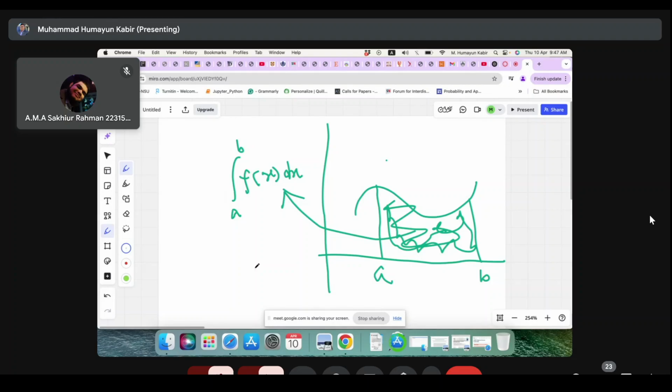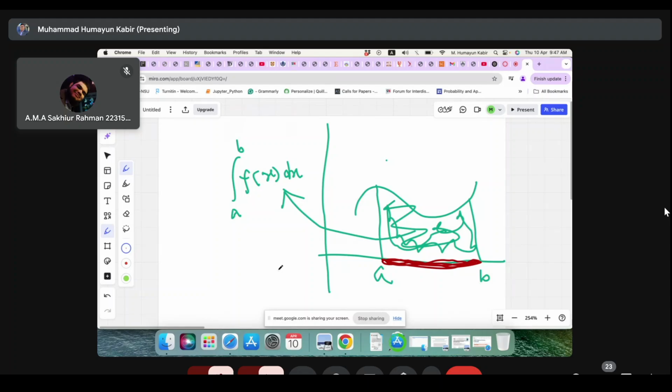Our concern is, look at here, this single integral is defined on the x-axis. Not only on the x-axis, a particular portion of the x-axis. Which portion of the x-axis where this single integral we have defined? Only this part. The integral is defined between a and b, and a and b occur on the x-axis.